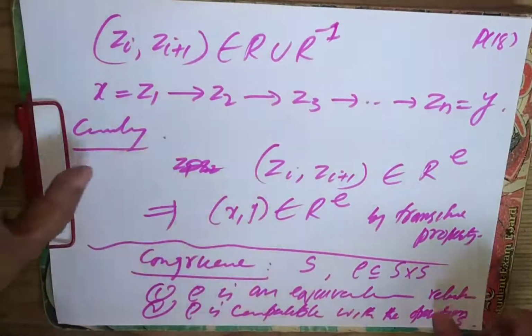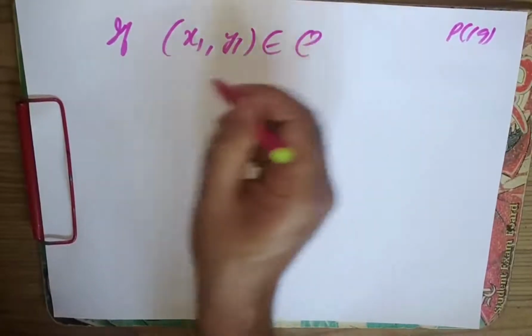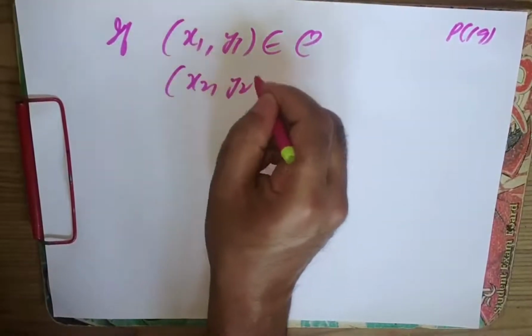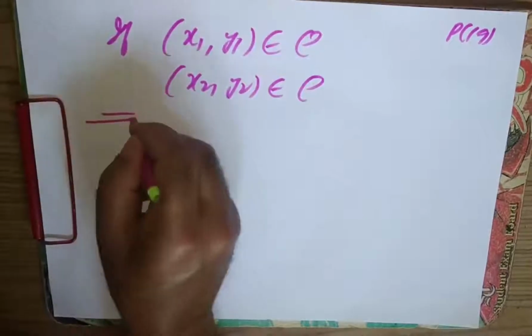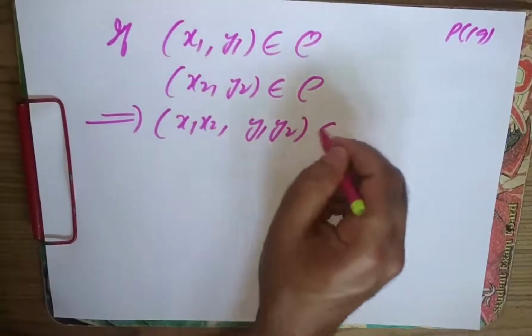By compatible, we mean that if x1 comma y1 belongs to rho and x2 comma y2 belongs to rho, then this should imply x1 x2 comma y1 y2 belongs to rho.